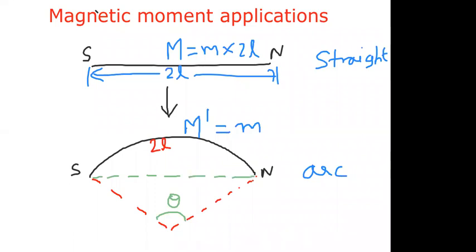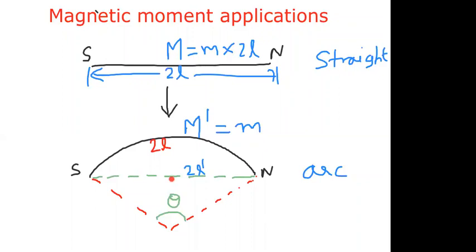Let me call this magnetic length 2L dash. Actually, this magnet originally has 2L length. When it is bent, the total length is 2L as usual, but the magnetic length is the straight line between south pole and north pole. So this length cannot be 2L.